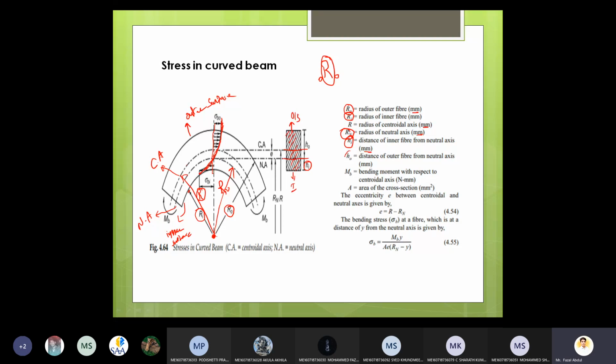And h naught: see here, this is h naught. It is the distance from the outermost layer to the neutral axis, here to here. M is the bending moment with respect to the centroidal axis, and A is the cross-sectional area.